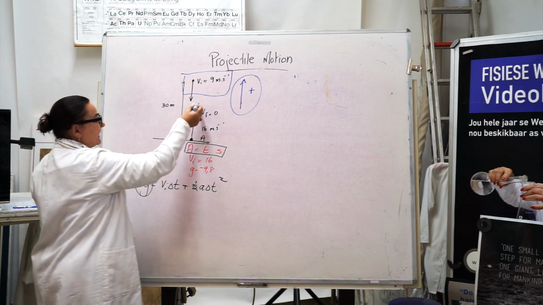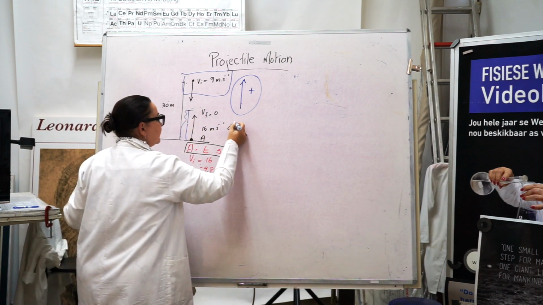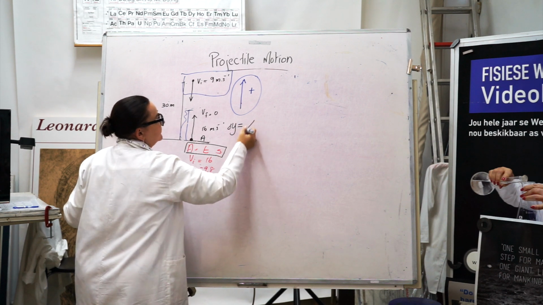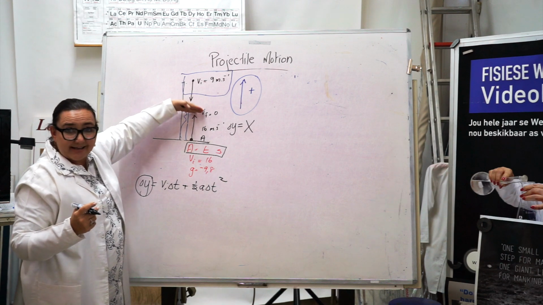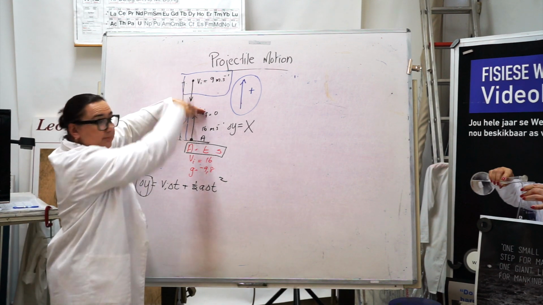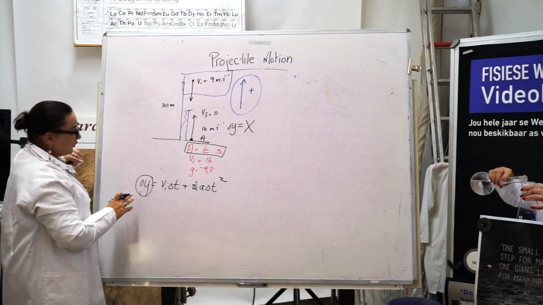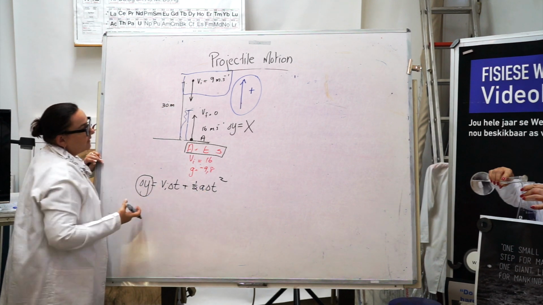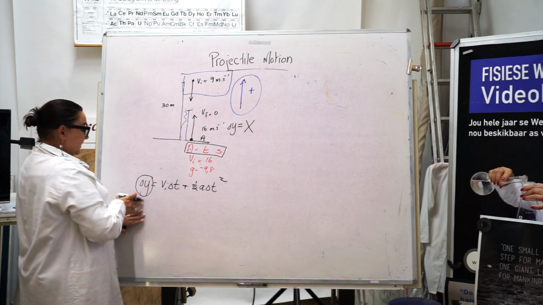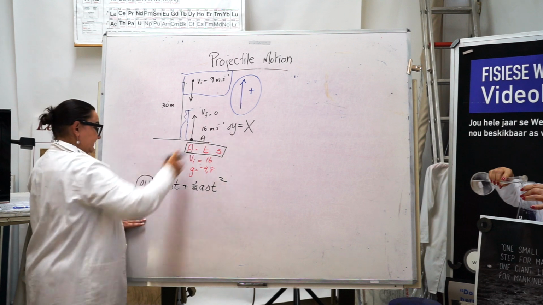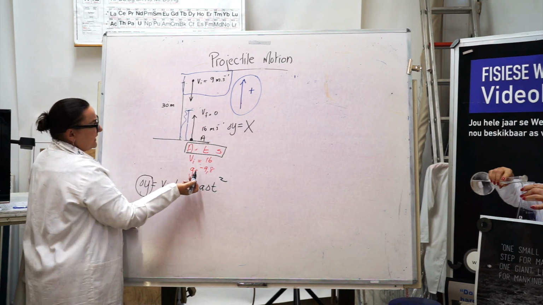So let's say delta y for A equals x. Let's say it's at point x where B is going to be passing it exactly on its way down. So I'm now going to have to put my values in. I don't have a delta y, I just say it equals x. Is it positive or negative?